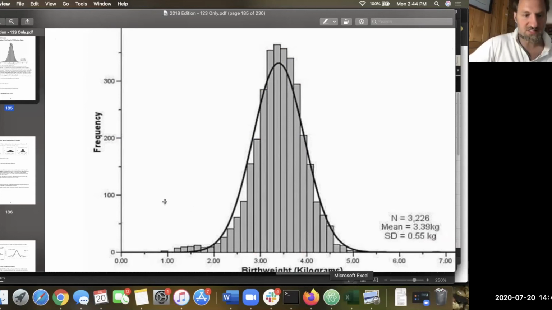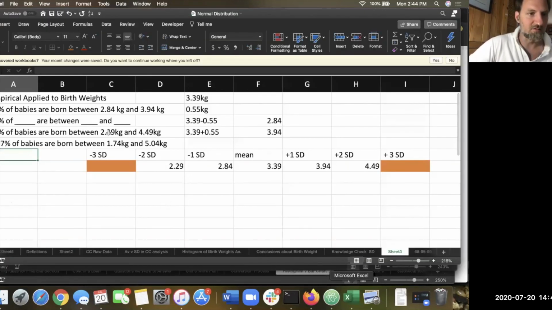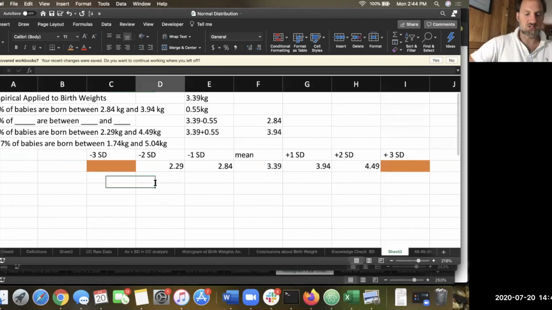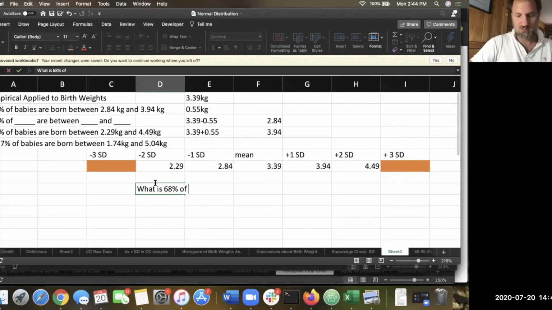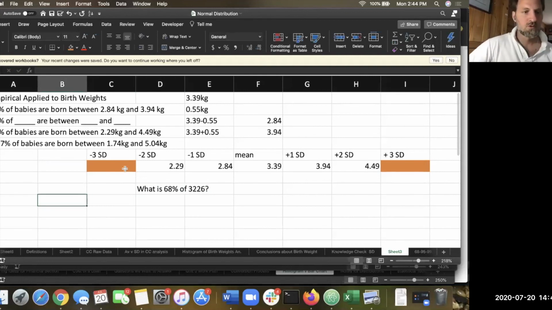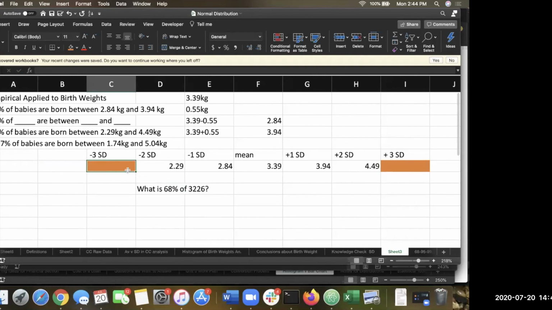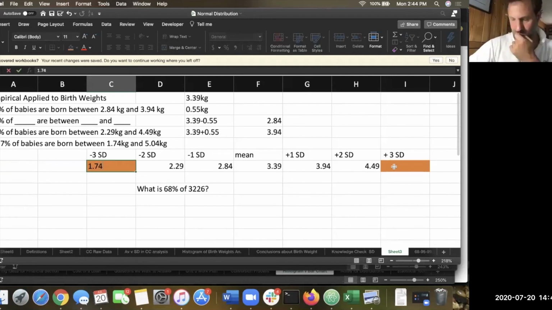What is 68% of 3,226? You can use a proportion, you can use just the decimal approach. Is it 2,193.68?